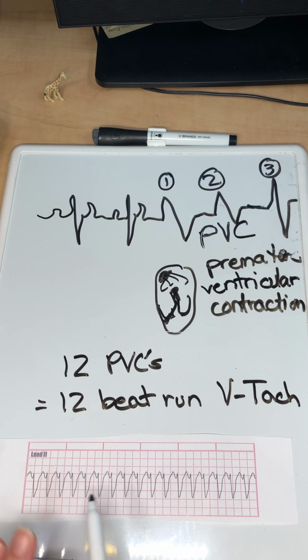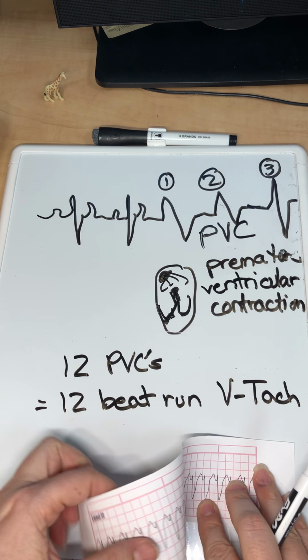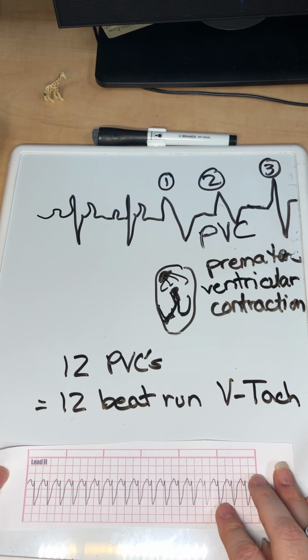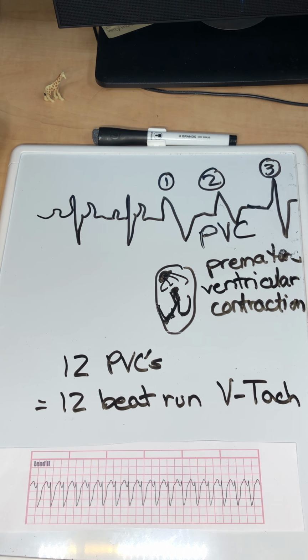So that's VTAC. That's a lethal rhythm. If you want to make sure that the patient has a pulse, always check your patient and don't trust your monitors, okay? Go in there and check your patient, make sure that they even have a pulse. If they're unresponsive and you check a pulse and they don't have a pulse, then obviously we need to start chest compressions.